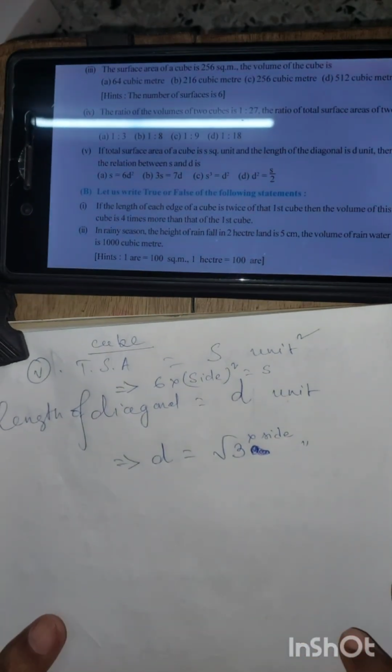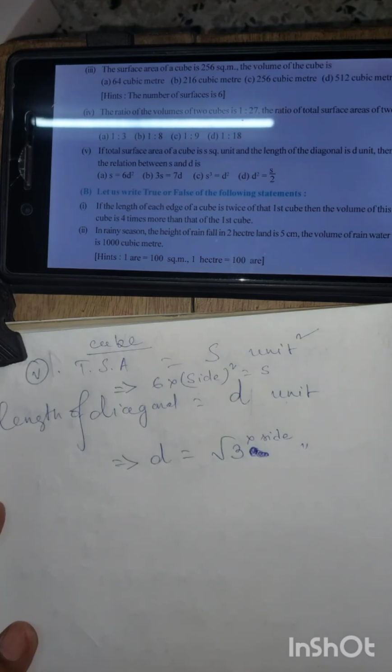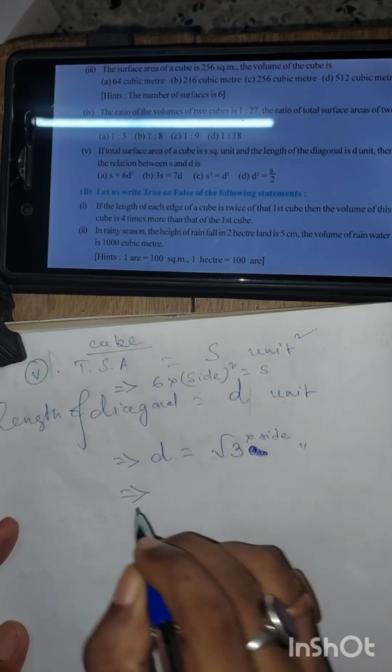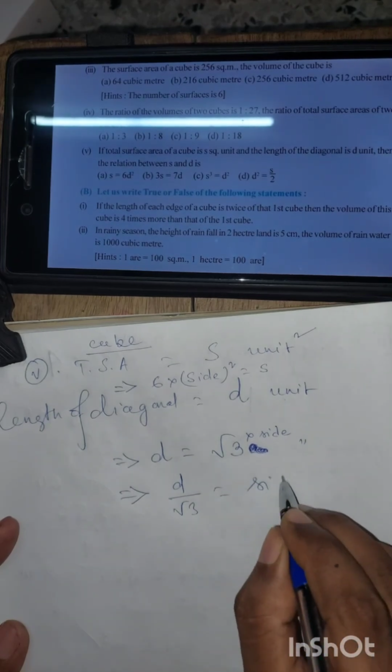Okay, we know this formula. Diagonal is equal to root 3 into side, and total surface area equal to 6 into side square. Now we can write d by root 3 is equal to side.